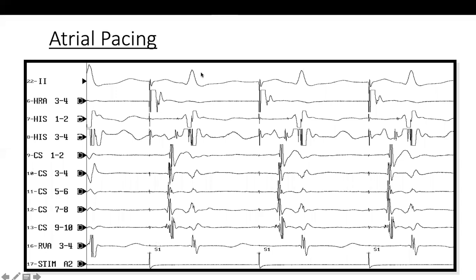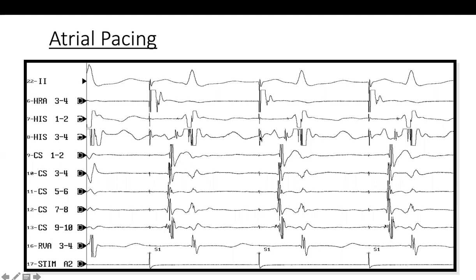And this is atrial pacing. You are pacing in the high right atrium and conducting to the ventricle. So you are pacing the atrium and capturing the atrium. This is the earliest atrial activity here, followed by the atrial activity in the CS catheter, then conducted through the His to the ventricle.